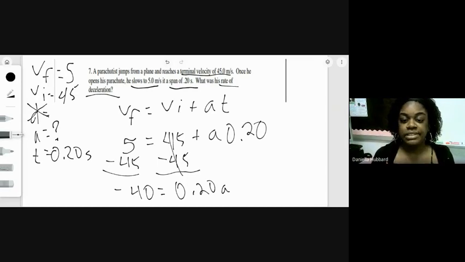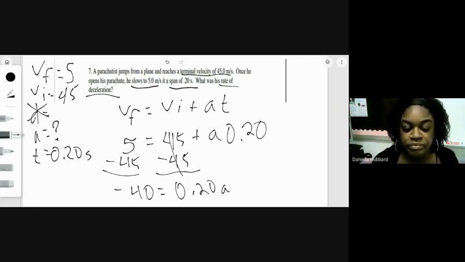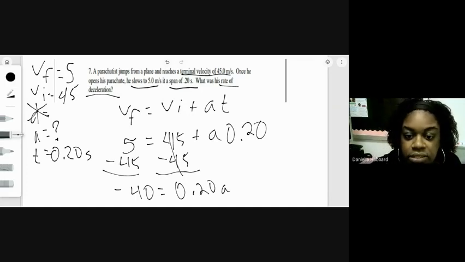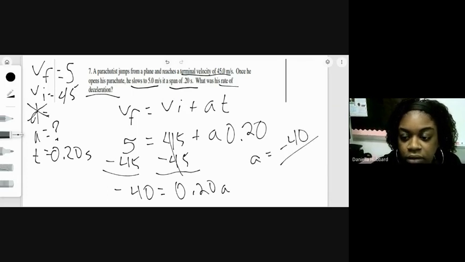I just flipped it, but it's still the same thing. 0.20 times A, that's being multiplied. So we have to do the opposite operation. So this is going to be A is equal to negative 40 over 0.2.